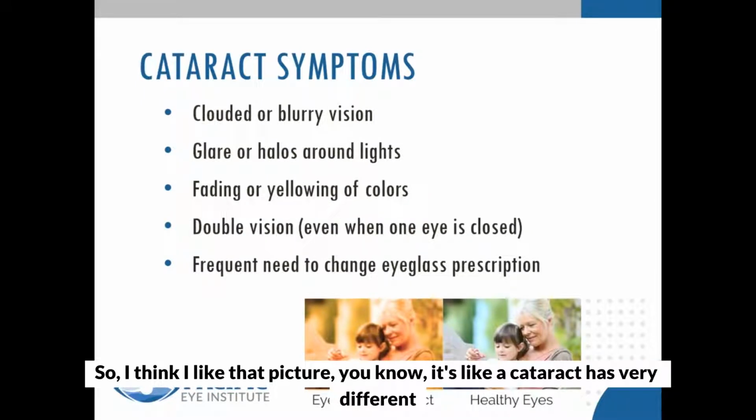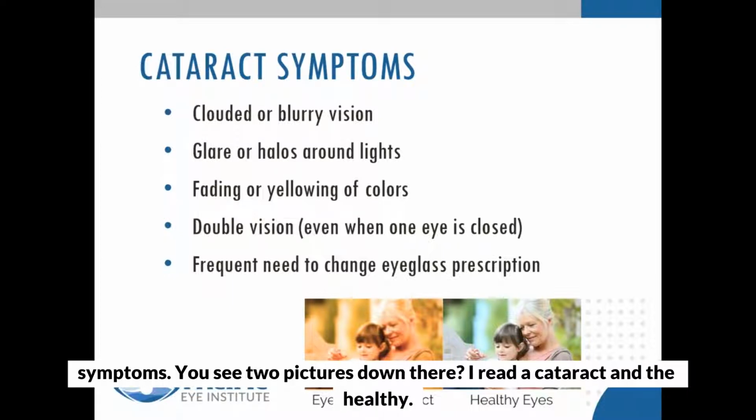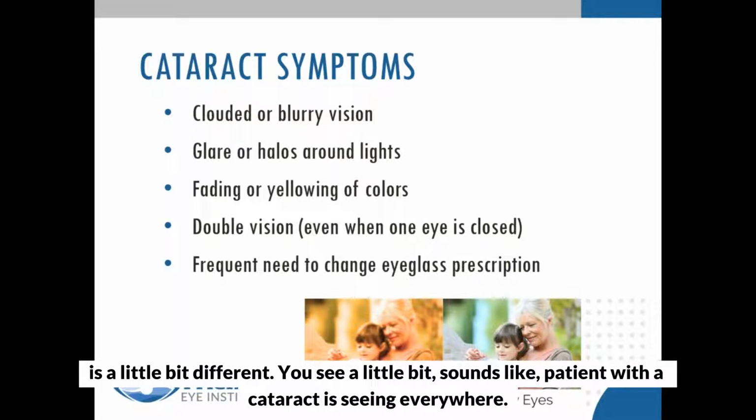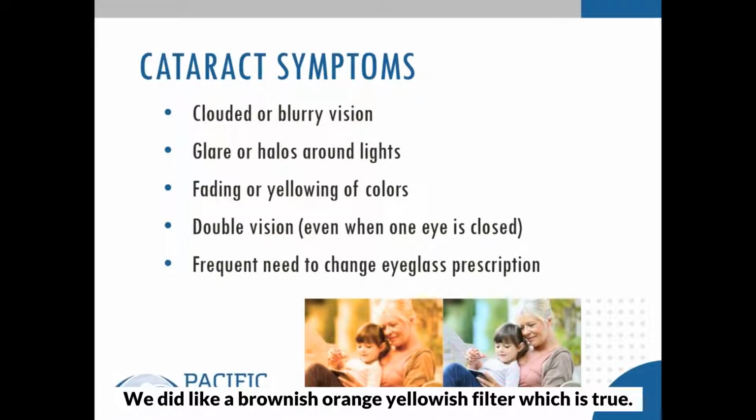So I like that picture. Cataract has very different symptoms. You see two pictures down there, an eye with a cataract and the healthy eye. What comes first to mind is that color perception is a little bit different. It seems the patient with a cataract is seeing everything through a brownish, orange, yellowish filter, which is true.